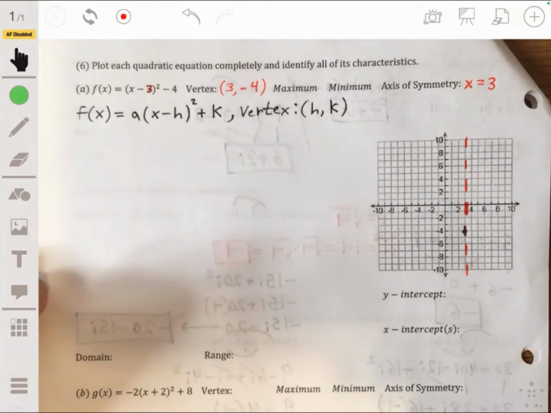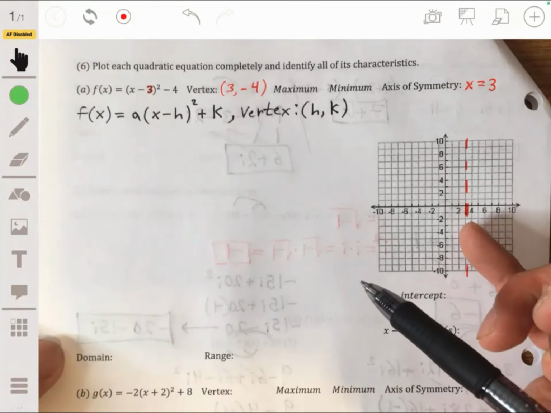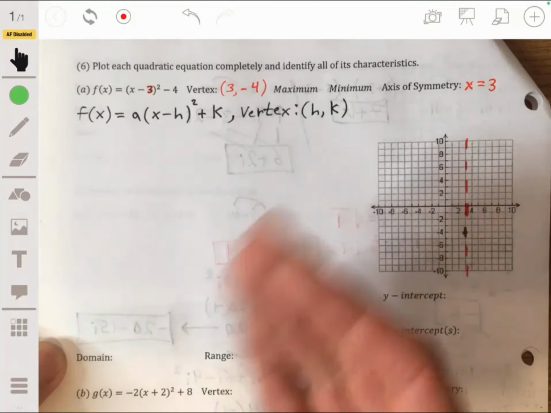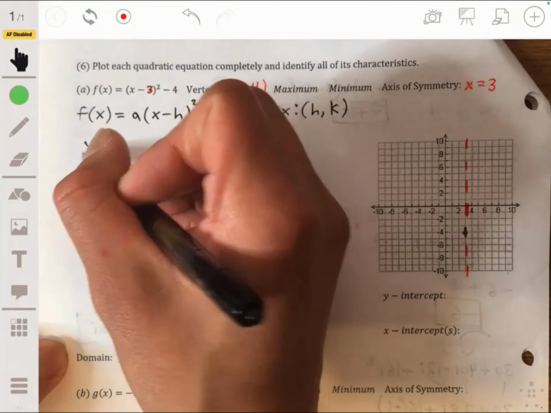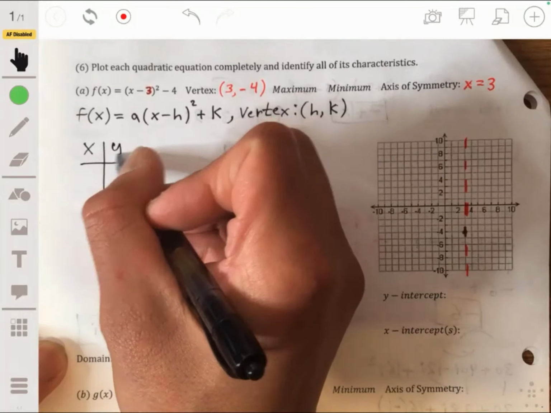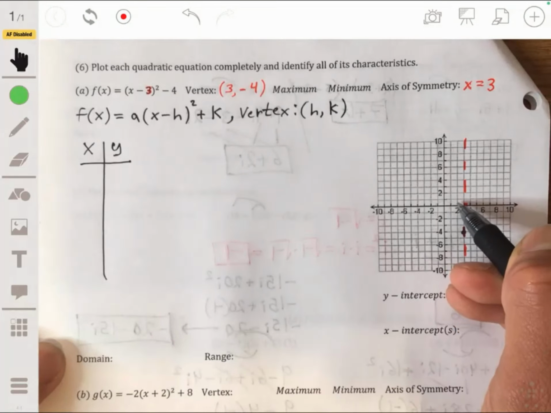And the general basic technique when you want to graph these is just to plot a couple of values on one side and then reflect them on the other side. So for example, you can make an XY table just to organize your points. And so picking 3 from the left, 1.